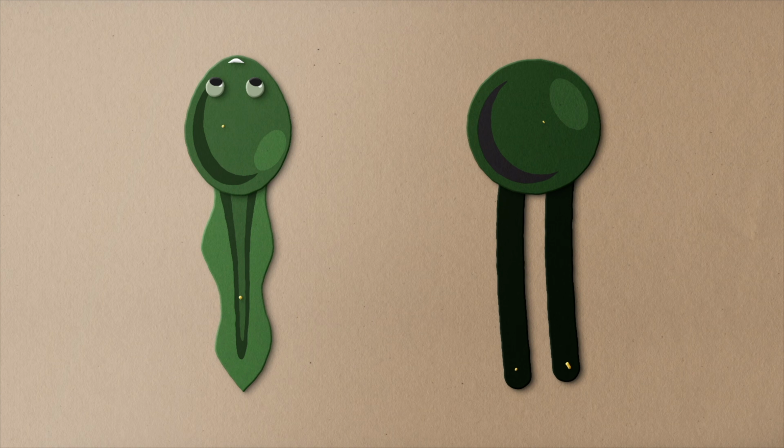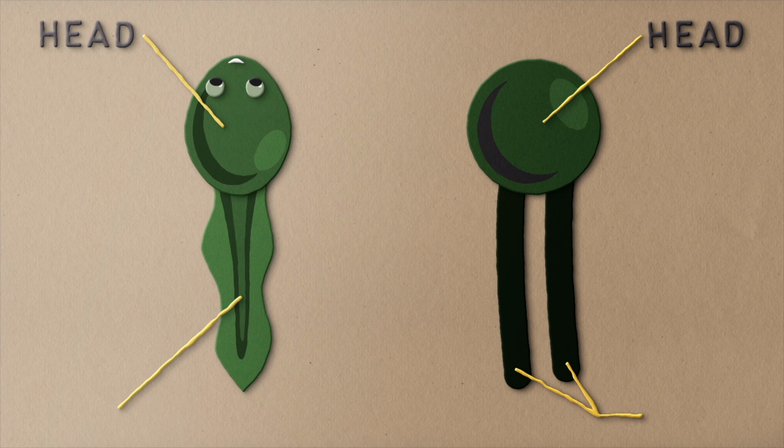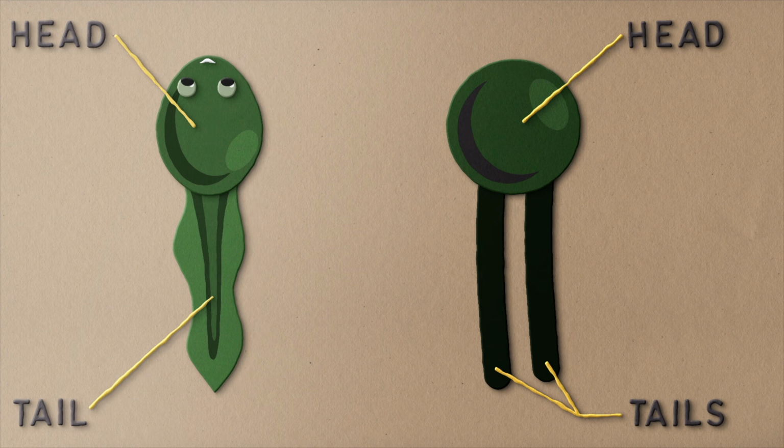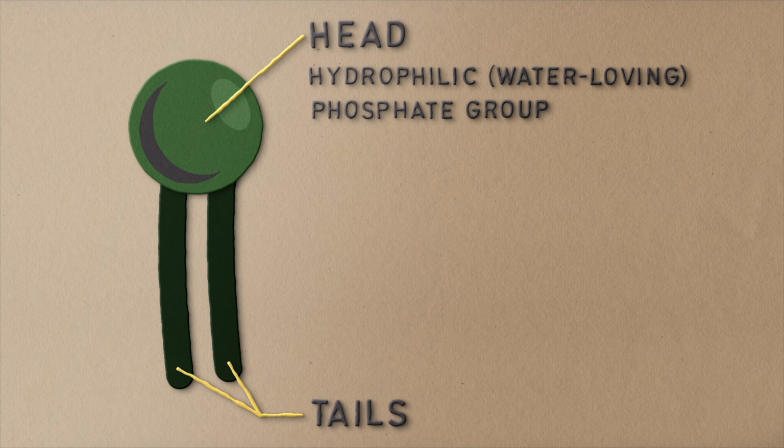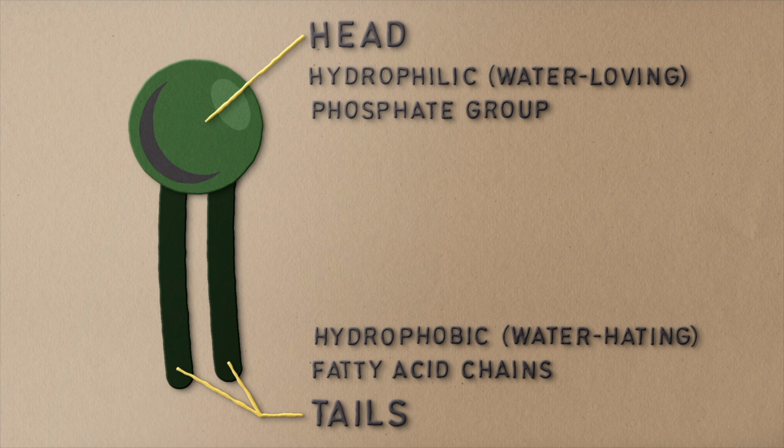As we mentioned before, while your head was in the gutter, they do somewhat resemble a tadpole with a distinct head and two tails. The head of the phospholipid molecule is a hydrophilic or water-loving phosphate group. The two tails are hydrophobic or water-hating fatty acid chains.